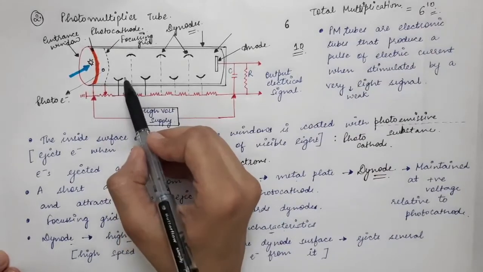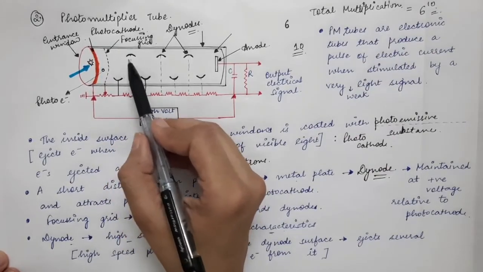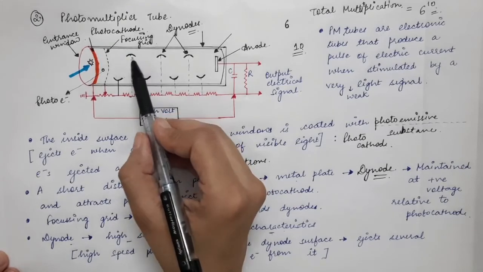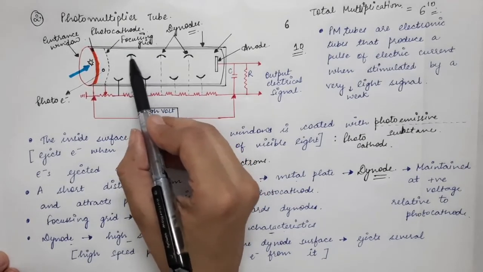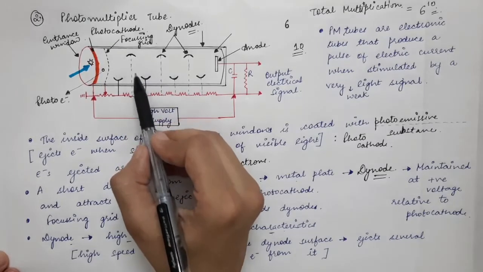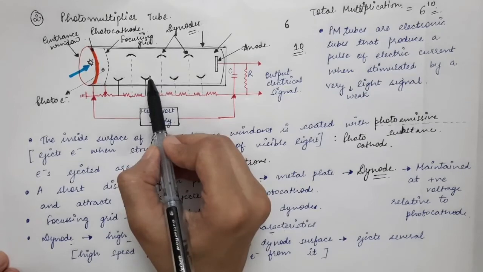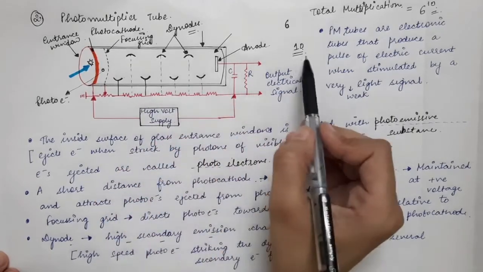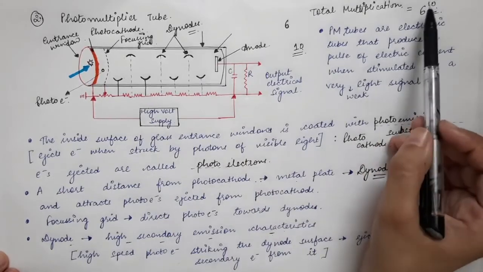From the first dynode, if you have 1 electron, you will have 6 electrons reaching the second dynode. Then from the second dynode, you will have 6 power 2 electrons reaching the third dynode. Similarly, if you have 10 dynodes, the total multiplication factor will be 6 power 10.